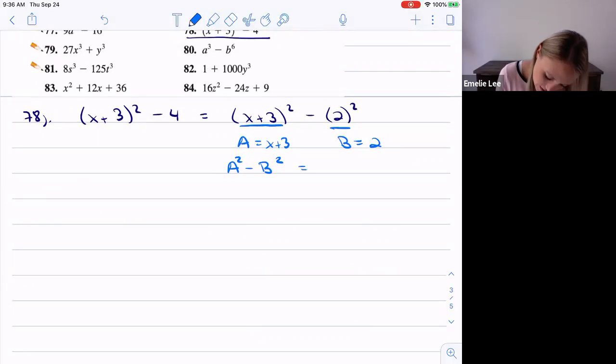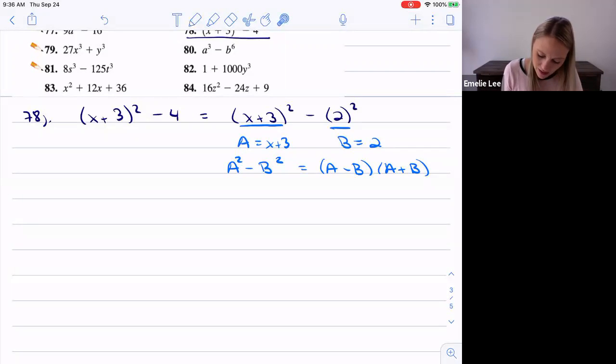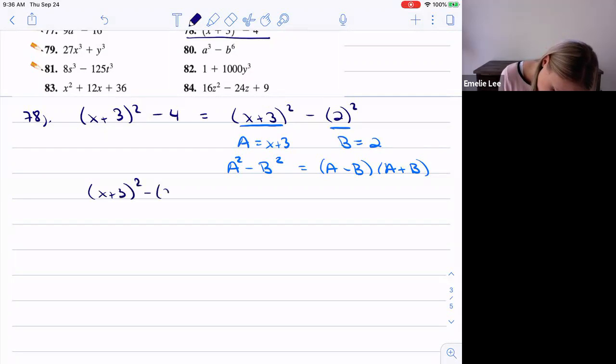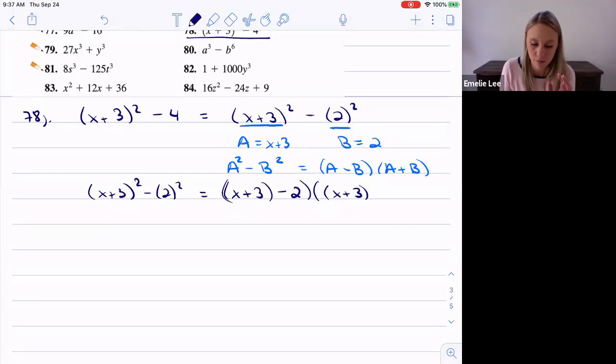In terms of a being x plus 3 and b being 2, I can rewrite these. x plus 3 squared minus 2 squared is the same as x plus 3, as one thing, minus 2, times x plus 3, treating it as one thing, that's important, plus 2.